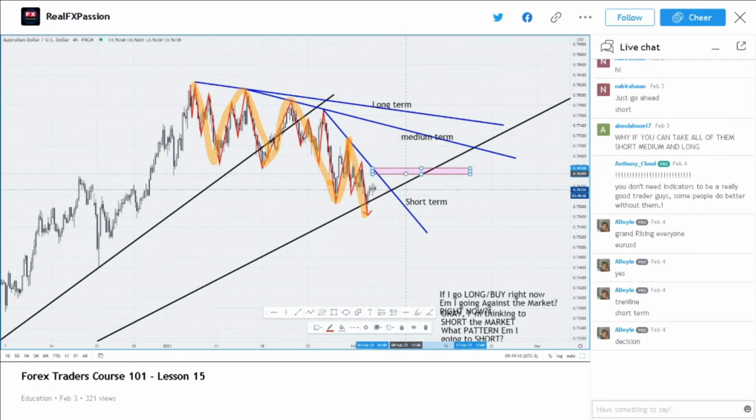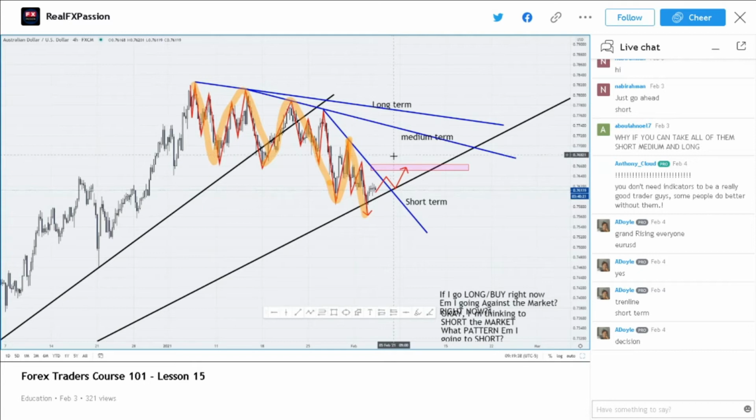Okay, Pickles? So let's put the stop loss in here, everybody, for the short-term blue line. If we are wrong, the market is going to break the short-term blue line and we are going to be stopped out, yes? This is the plan. Make sense, everybody?